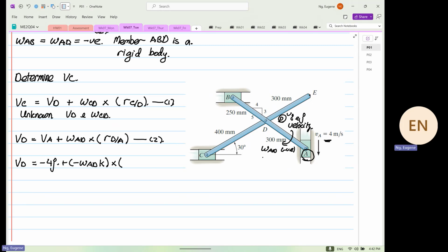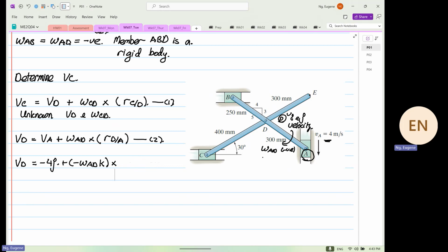cross. So we need to find R. The reference point is from A, and then we need to find D. Okay, so it's 4/5 multiplied by 0.3. And I have to include a minus sign. Then let me write bigger. 1,000 apologies.